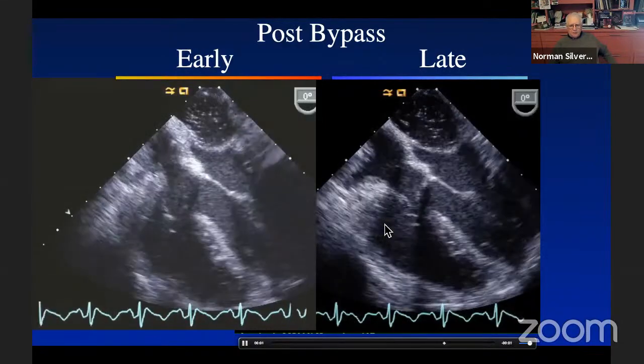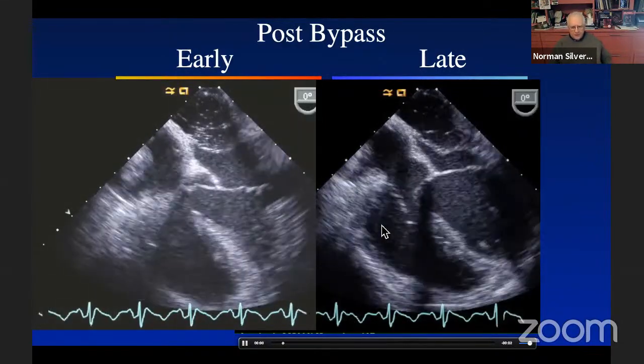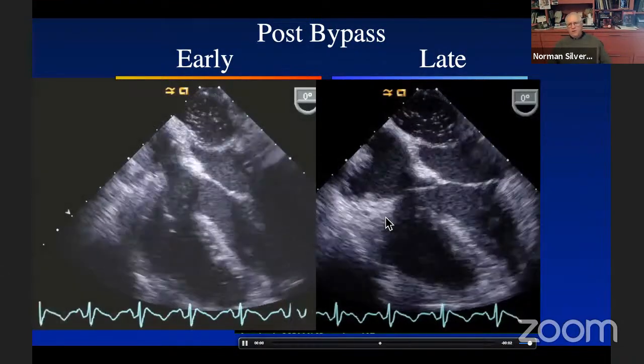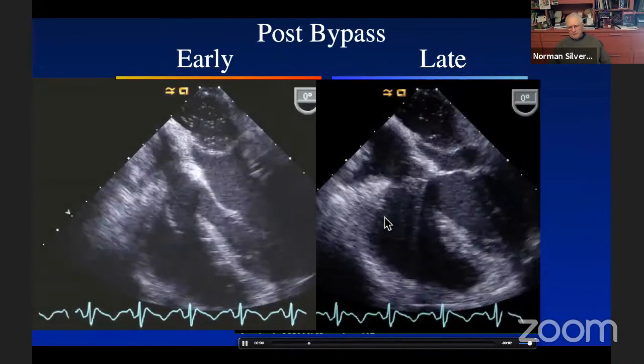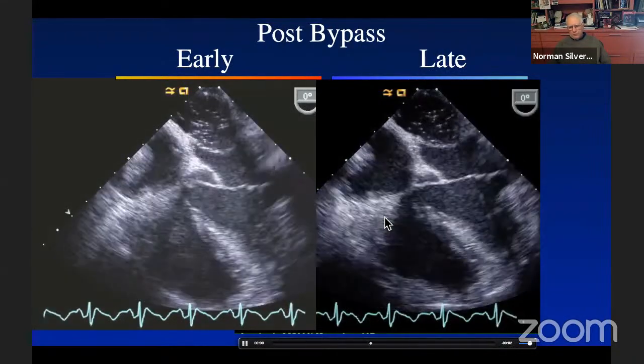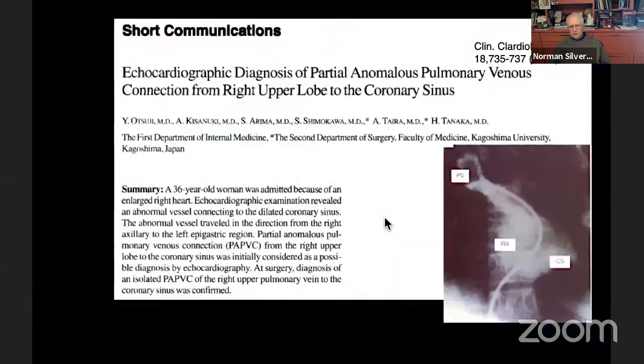And I think that if we can show you mistakes, maybe you will be able to see that it's not all black and white and easy to do. And here is the report of this in Clinical Cardiology, showing people that had done cardiac catheterization on these patients and had recognized this anomaly.